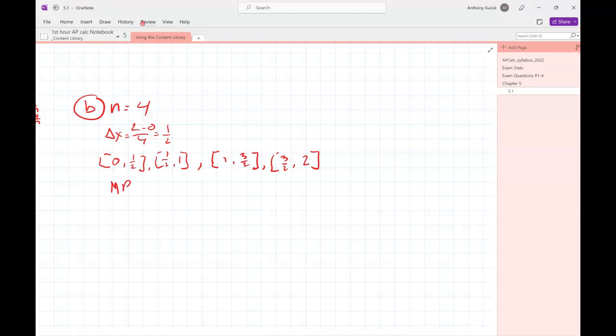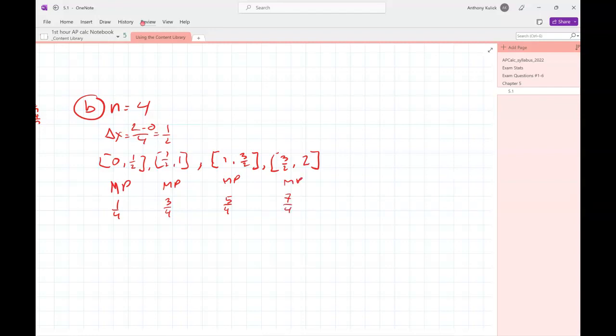What's the midpoint in that first interval? What's halfway between 0 and 1/2? 1/4, right? How about in the next interval? What's the midpoint between 1/2 and 1? 3/4. And the midpoint between 1 and 1.5? 1 1/4, 5/4. And then the midpoint between 1.5 and 2 is 1.75 or 7/4.